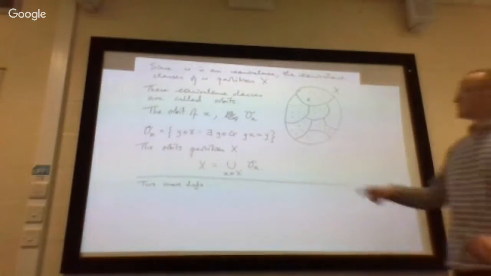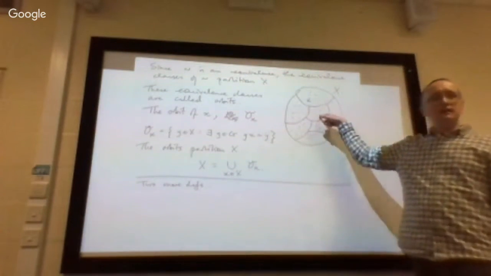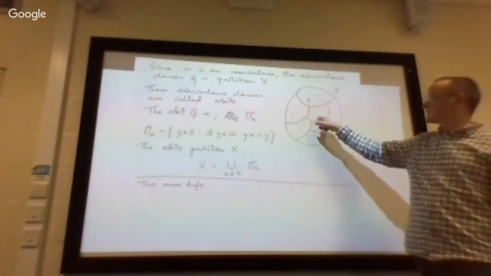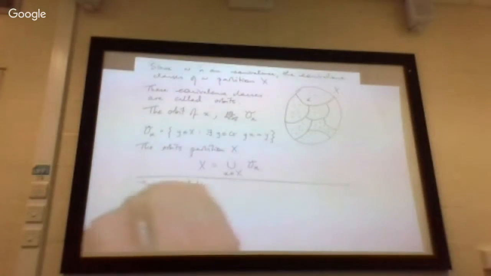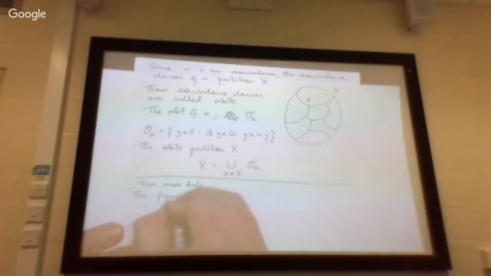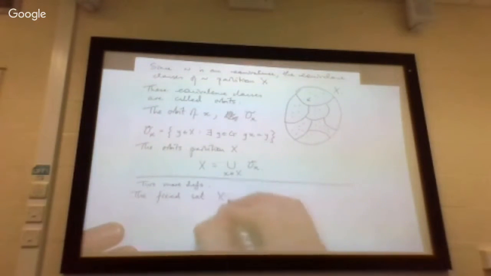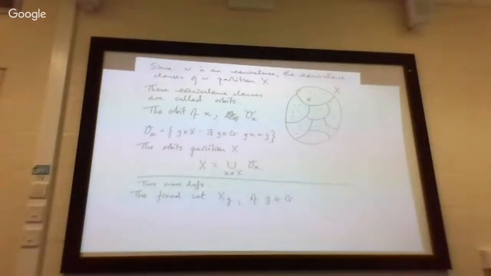Okay, the orbit is something you associate to an element in the set X. The fixed set, X sub g, is something associated to an element from the group. It's a subset of X. It's the set of everything in X which is fixed by g.